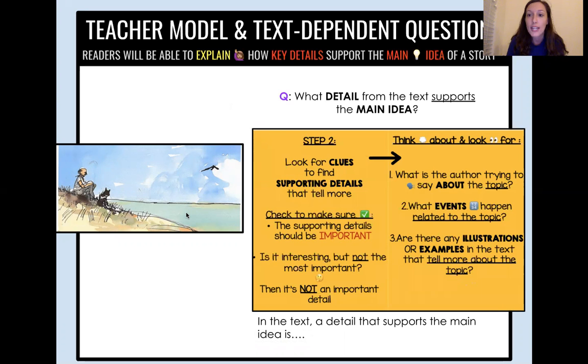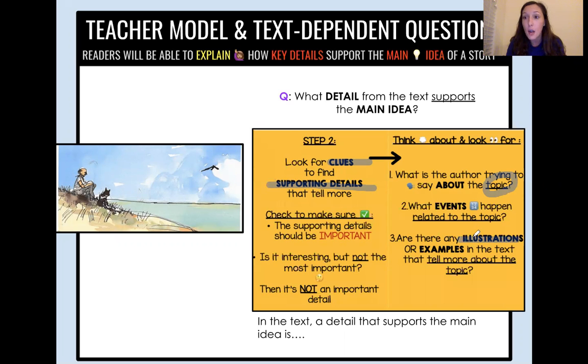That's who or what this page is mostly about. So to support and learn more about the main idea, we learned that something that can help us is the illustration. When we look for those clues to find supporting details that tell us more about the topic, Jackson sitting on the beach, one clue that might help us find a supporting detail is illustrations.